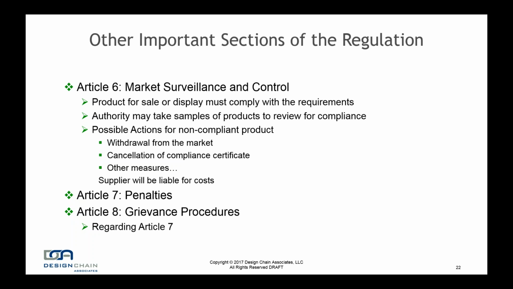Furthermore, suppliers will be liable for costs. There are penalties, and if you disagree with the penalties, there is a grievance procedure. I haven't gone into detail about that because that seemed to be less important right now.